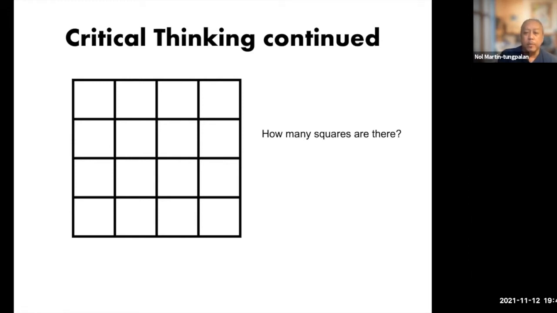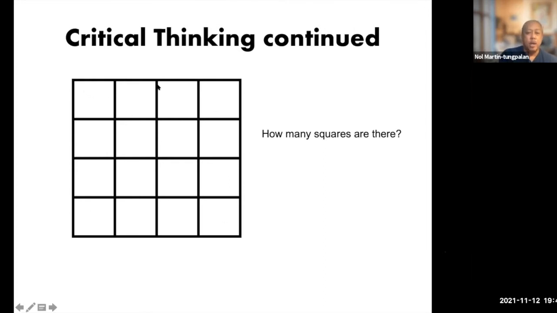All right, I think we got most everybody. Okay, so let's look at this as far as the squares. The question is, how many squares are there? Let's do this step by step.